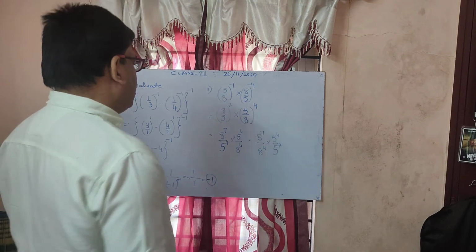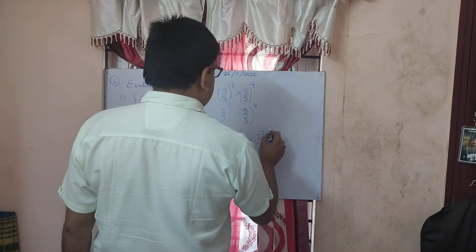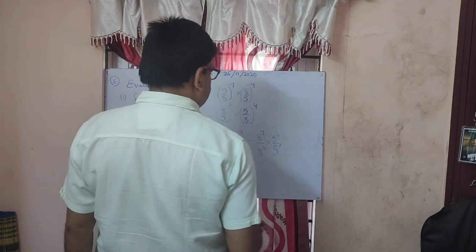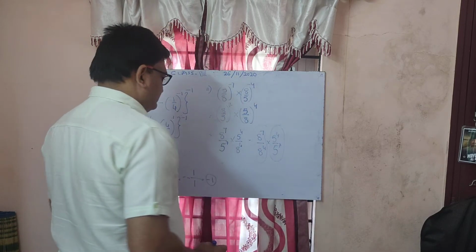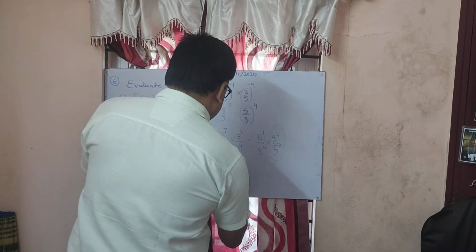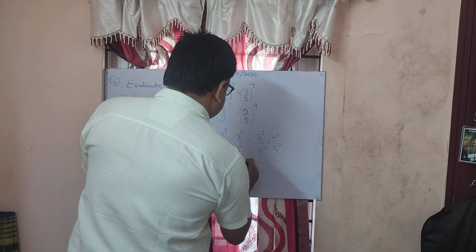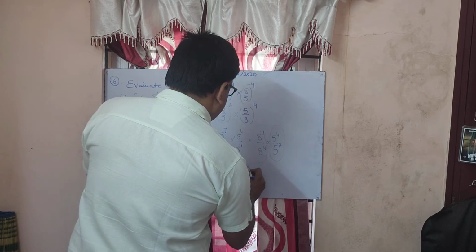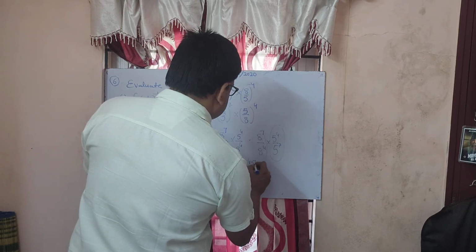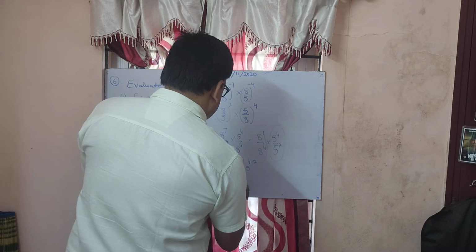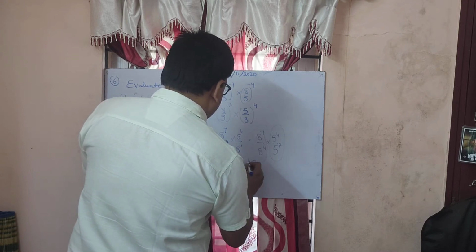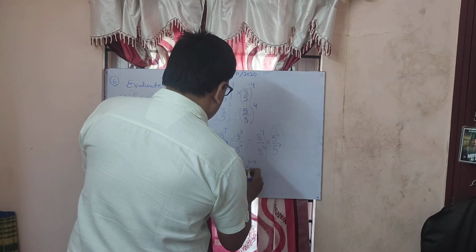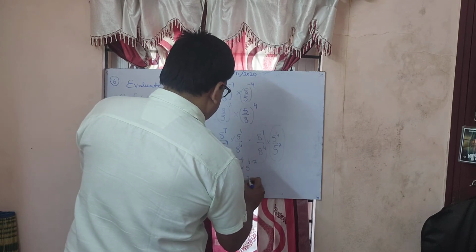Now you know the formula here and here. That is 8 to the power 7 minus 4 into 5 to the power 4 minus 7. So 8 to the power 7 minus 4 is 3. 5 to the power 4 minus 7 is minus 3.